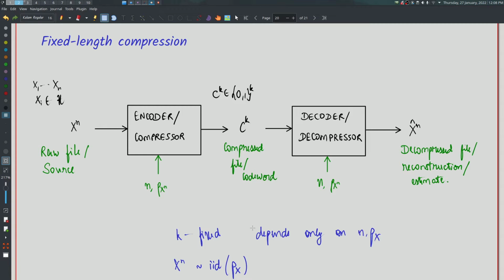But although it is possible, it is not something that you can implement in practice, because it requires you to know the entire joint distribution Pxn, and for complicated distributions it also involves a very high computational complexity, because after all you have to sort all possible sequences in decreasing order of probability, and then compute the corresponding compressed sequence, right?